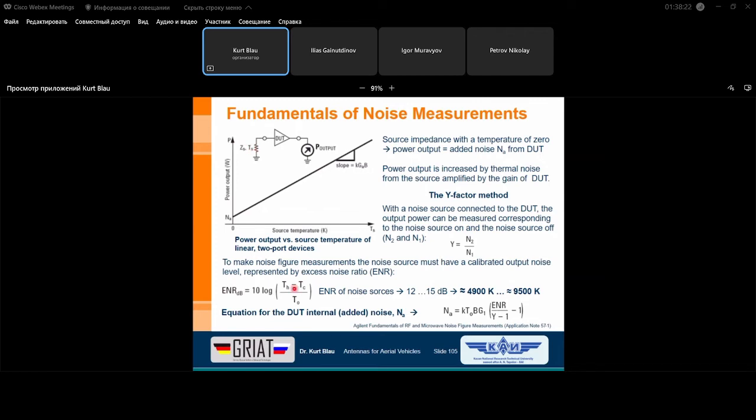And this is the hot temperature lying in this interval here, minus this is our cold temperature.